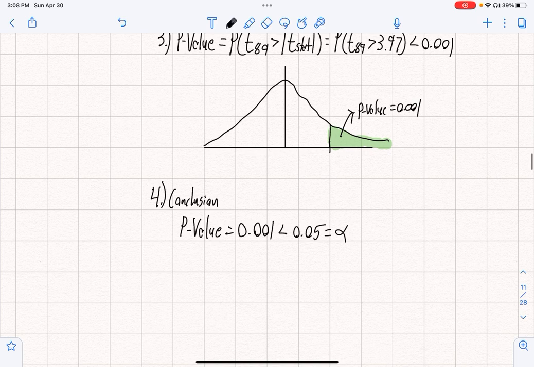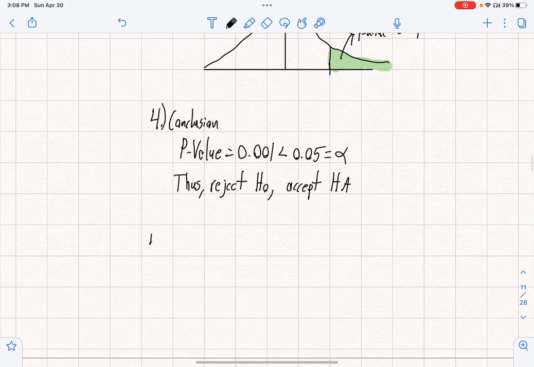So if p-value is less than alpha, thus we reject H naught and accept HA. And then finally, the interpretation, which is also going to be the same.